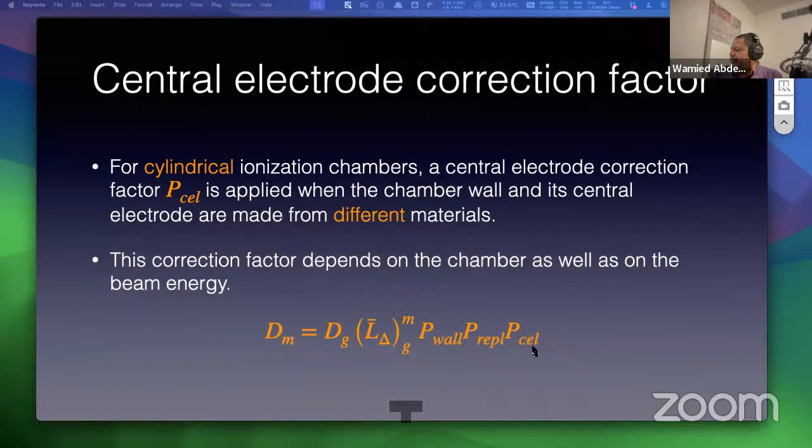So all of these three factors, P wall, P replacement, and P central electrode, are chamber dependent and energy dependent. However, the restricted collision stopping power ratio of medium to gas obviously depends on the medium, and also on the energy, but does not depend on the chamber.